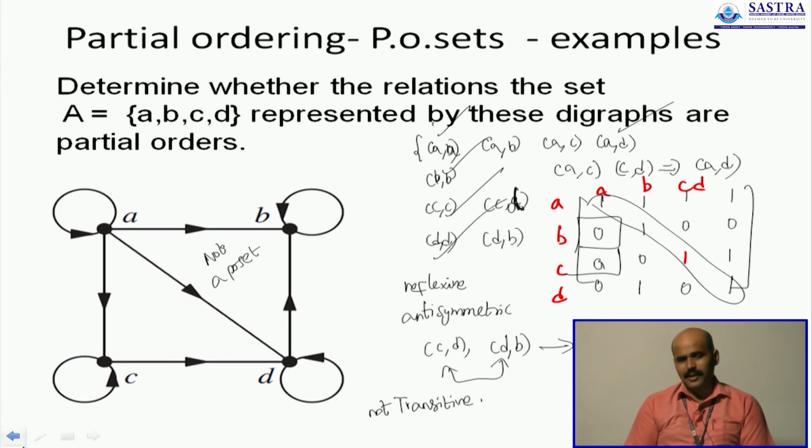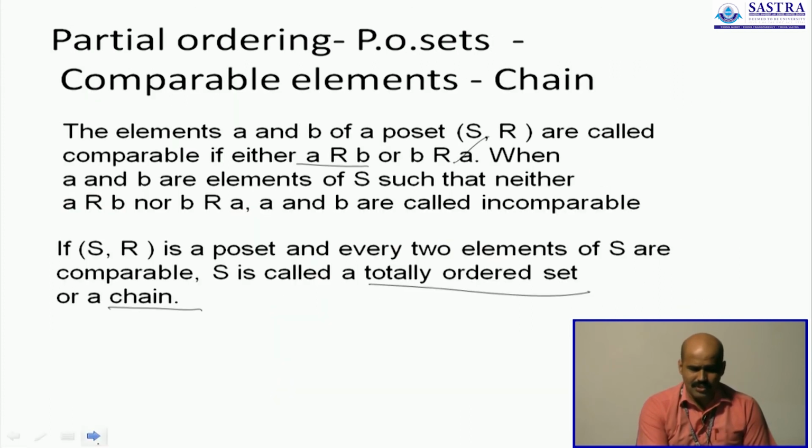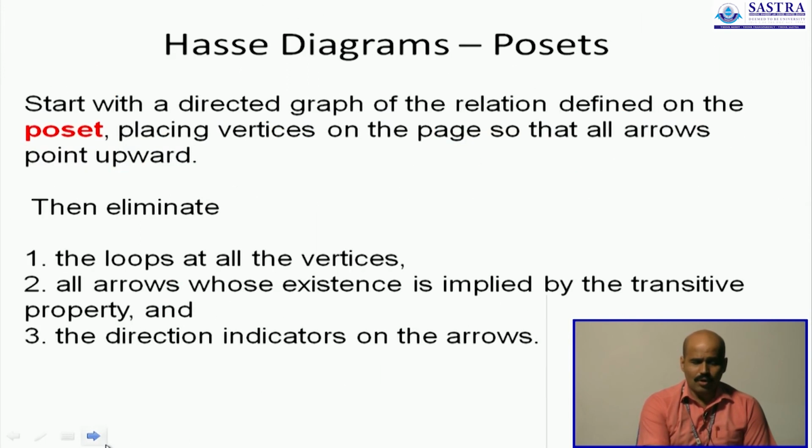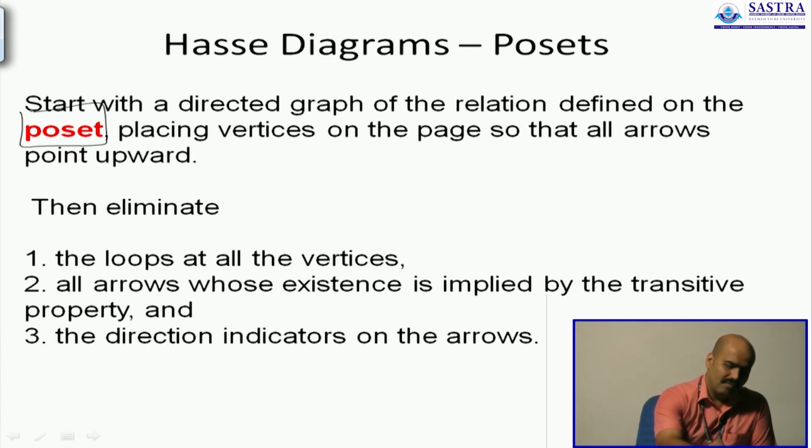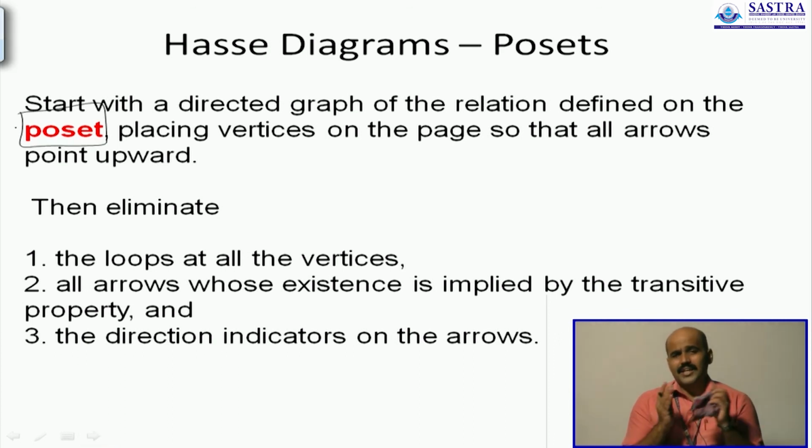There are certain parts of the digraph which may look a little clumsy, but all that clumsiness can be gotten rid of if you represent it in the form of a Hasse diagram. But remember, the Hasse diagram is a representation of only a poset.